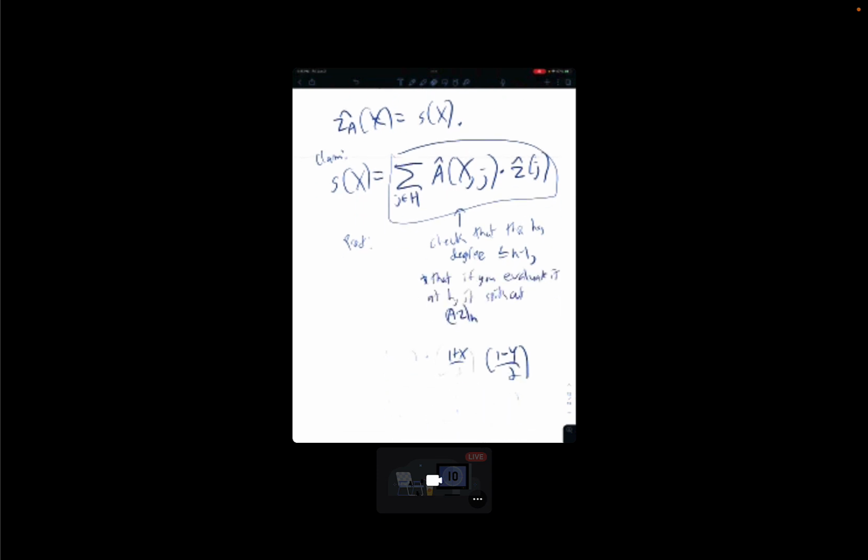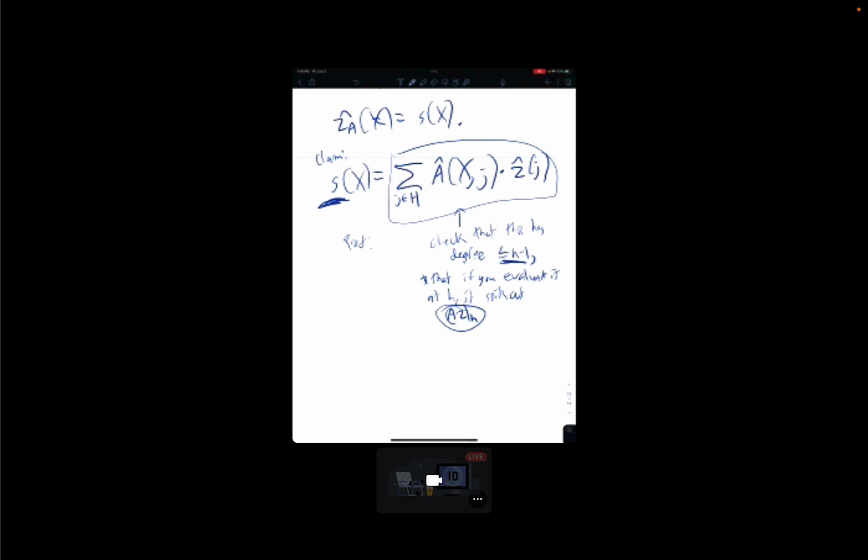If both of these things hold, then the right-hand side is the unique polynomial of degree at most n minus 1 with this pointwise behavior, and S was defined to be the unique polynomial of that degree with that behavior, so they must be the same polynomial.